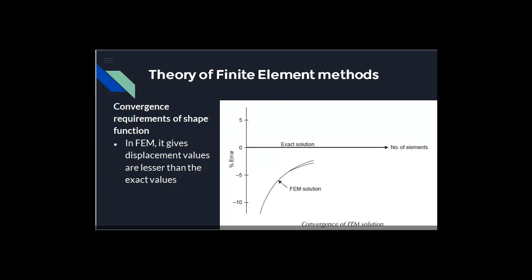So the convergence of the FEM solution is based on this, the percentage of error on the y-axis and the exact solution. The selection of the shape function should be closer to the exact solution in order to decrease the percentage of error between the exact solution and the obtained solution.